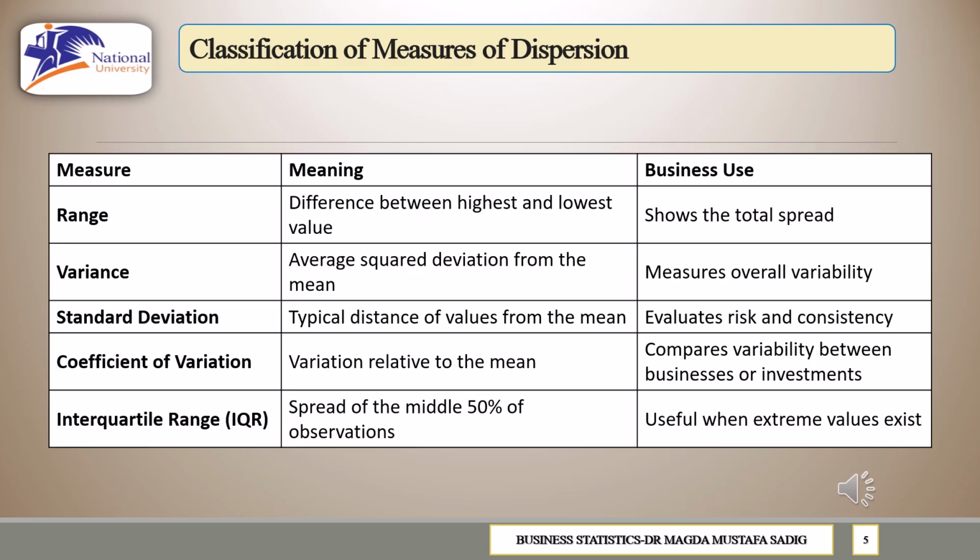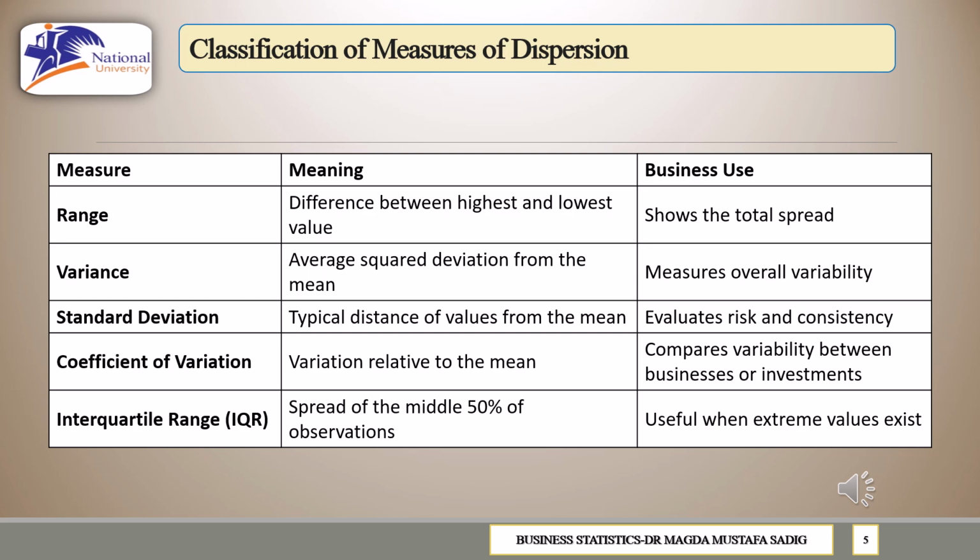Coefficient of variation. The coefficient of variation measures variation relative to the mean. It is particularly useful when comparing two companies' investments or data sets with different means. The last one, interquartile range, or IQR.